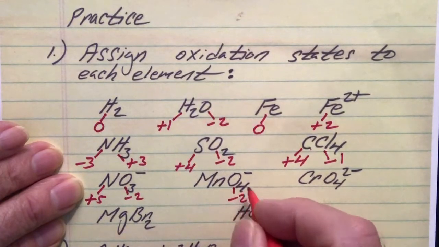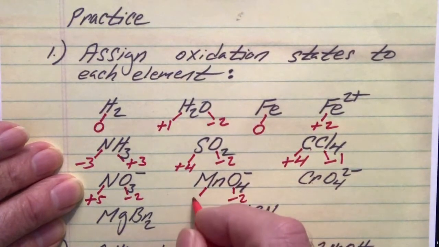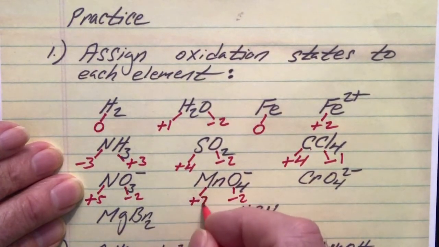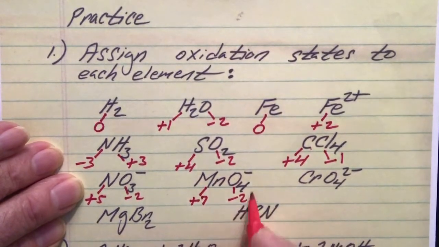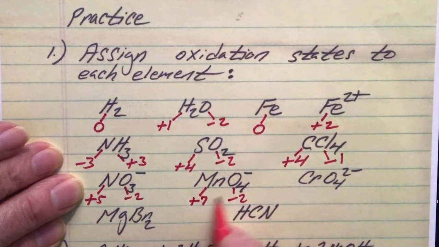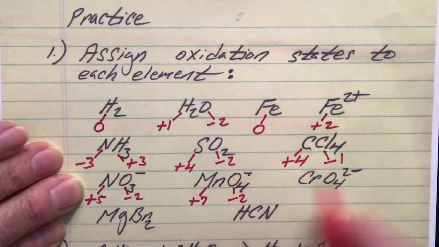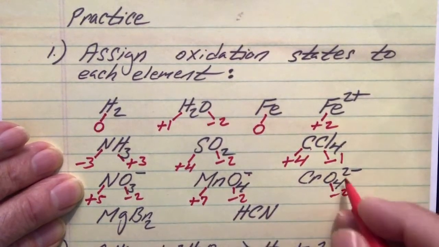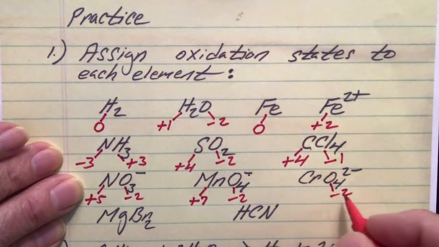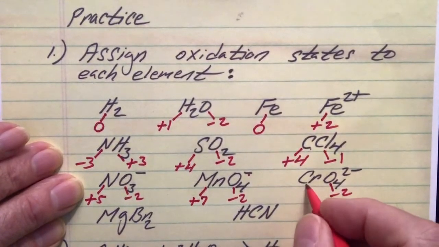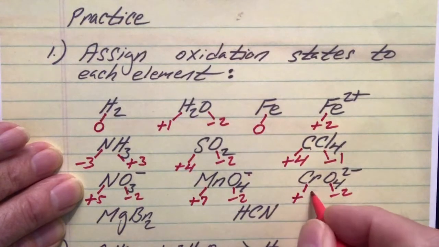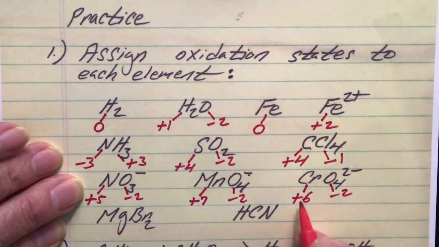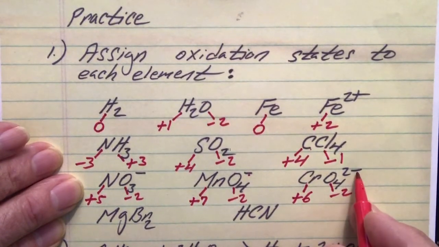There's 4 of them, and so the manganese must have a positive 7 oxidation state, so that when we add a negative 8 and a positive 7, we get a negative 1. For chromate, oxygen is a negative 2. 4 of them give you a negative 8. So the chromium must have a positive 6 oxidation state, so that when we add them all together, we get a negative 2.